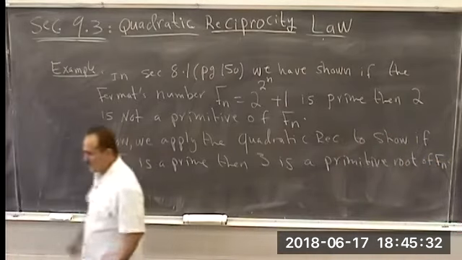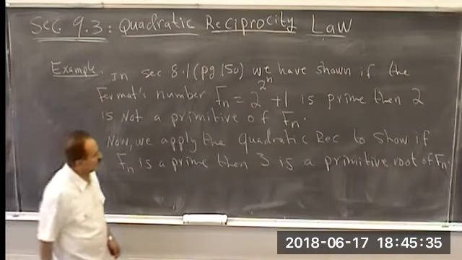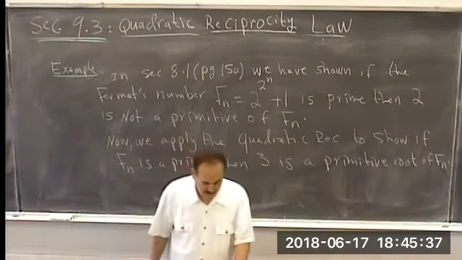All right, so this is our objective, and this example is to show that actually 3 is a primitive root.